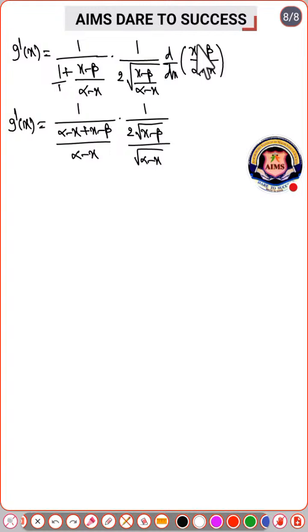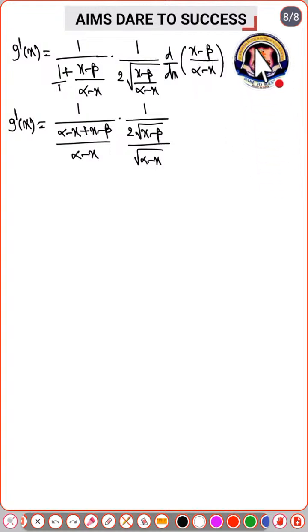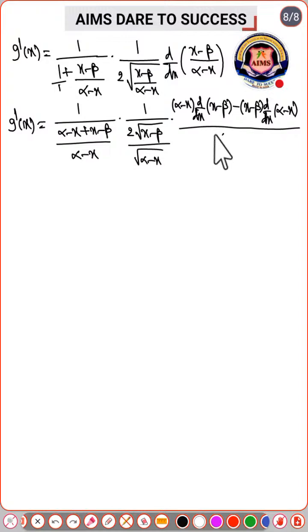So this is the d by dx of u by v concept, my dears. So first what shall we write? Denominator alpha minus x into d by dx of x minus beta, after that minus x minus beta into d by dx of alpha minus x, whole divided by alpha minus x whole square.